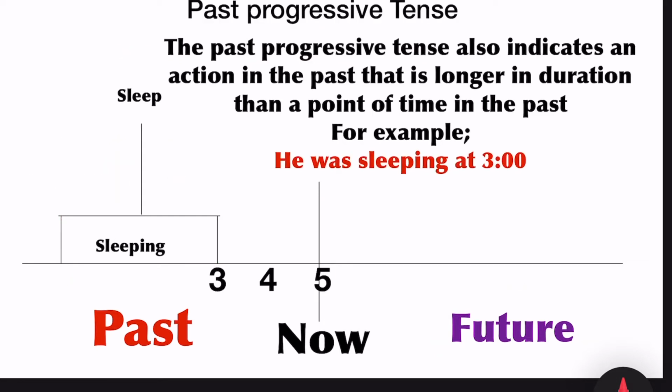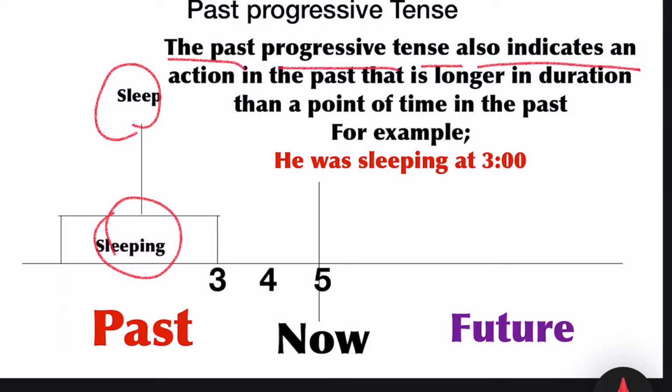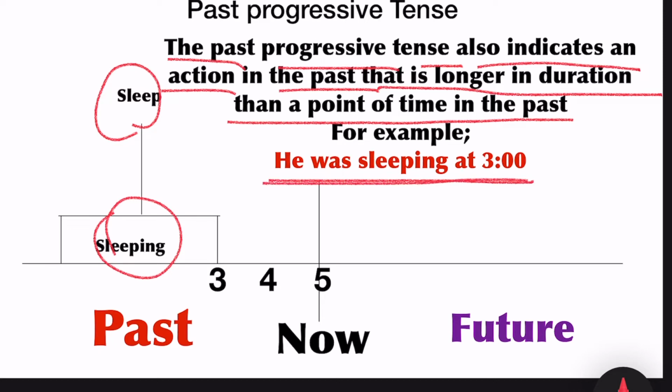Here is another example for you. The verb action is sleep, that is, sleeping. The past progressive tense also indicates an action in the past that is longer in duration than a point of time in the past. For example, he was sleeping at 3. The action sleeping is longer in duration in the past.